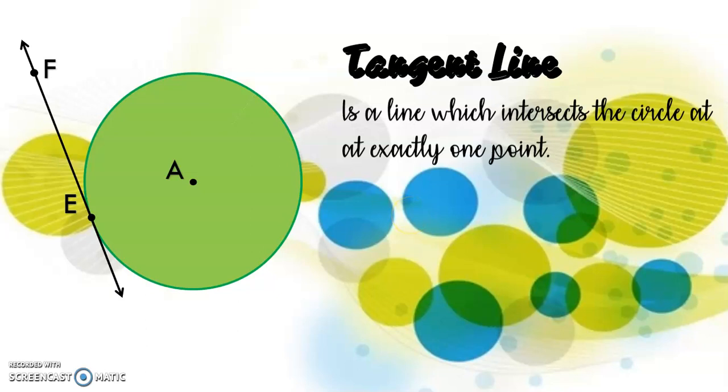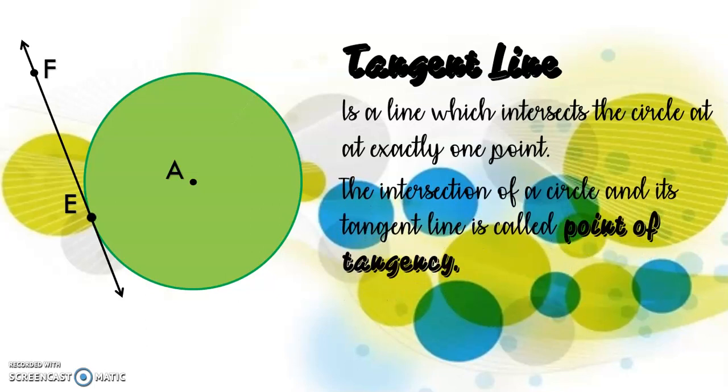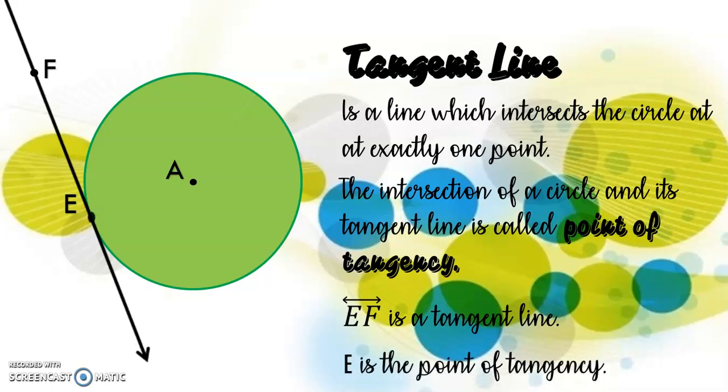As you can see, the line and the circle intersect at point E, and this is called point of tangency. So line EF is a tangent line, while point E is the point of tangency.